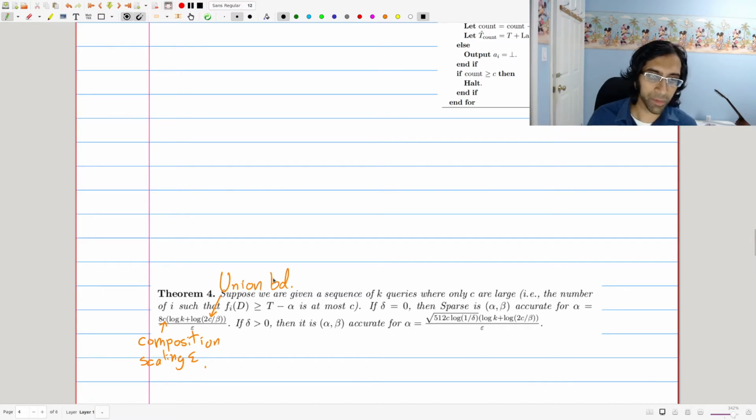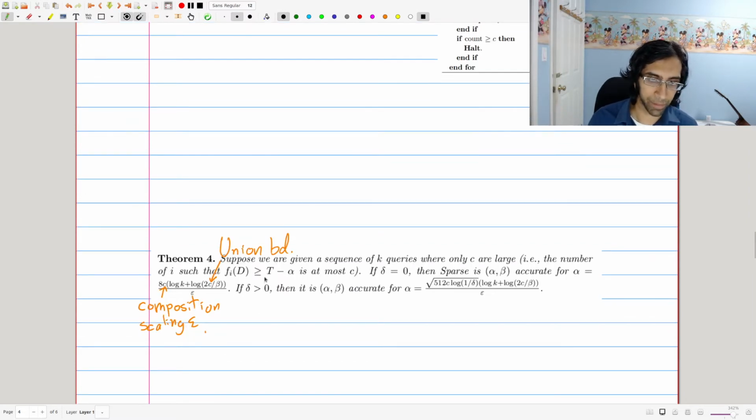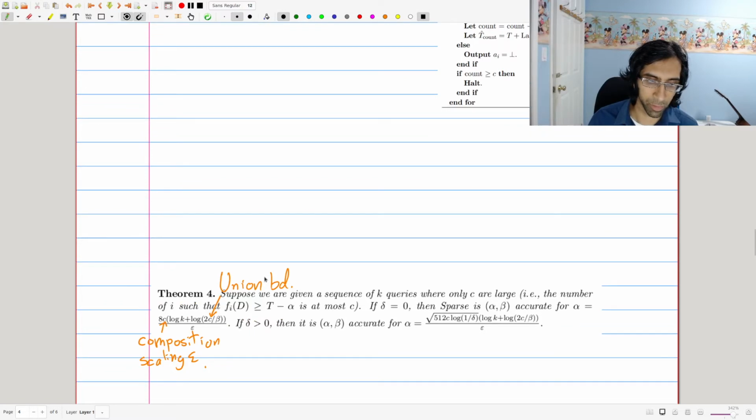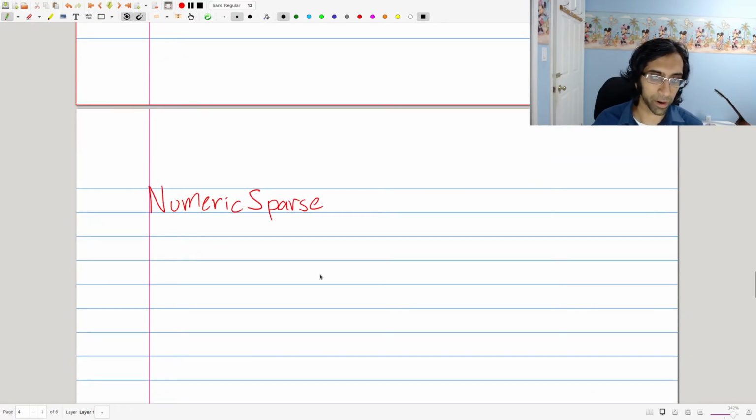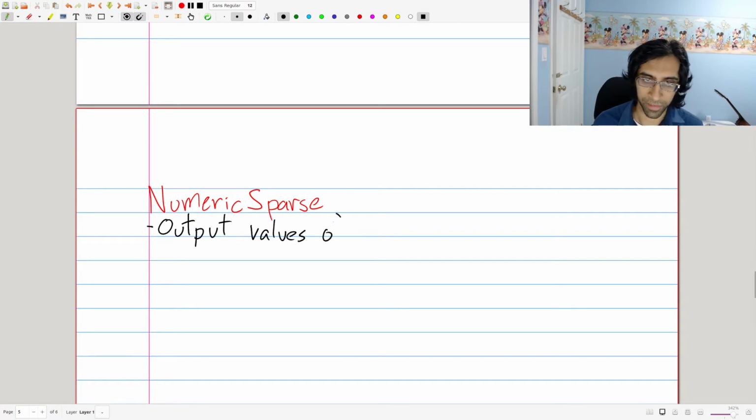As one last thing, before we talk about an application of this type of algorithm where we'll revisit private multiplicative weights, let me mention that there's also a variant which we refer to as numeric sparse. Numeric sparse lets us output not only the identities of which are the large queries, but also the values of the large queries.